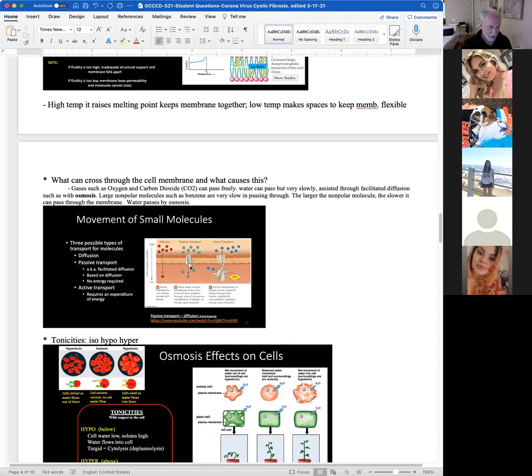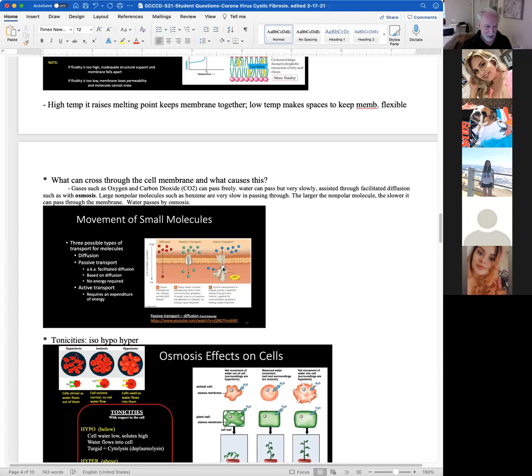Now, in contrast to those two types of transport is active transport. And the contrast is striking. First of all, energy is required. For the first two, it's not. Active transport requires the expenditure of energy.